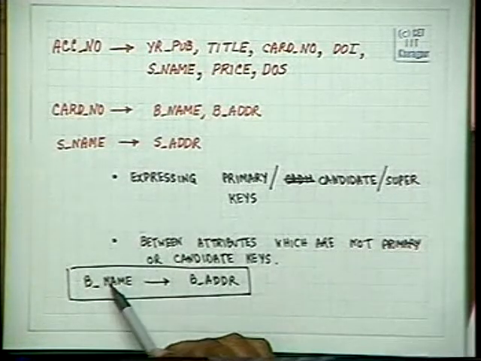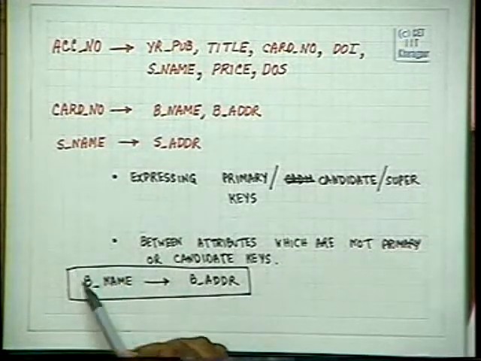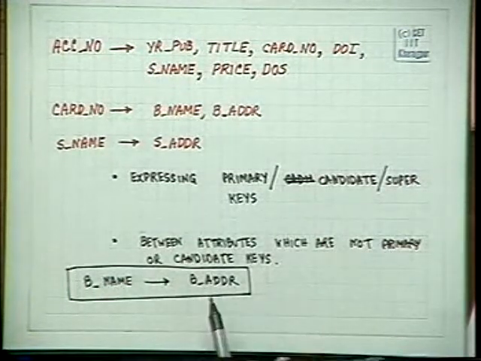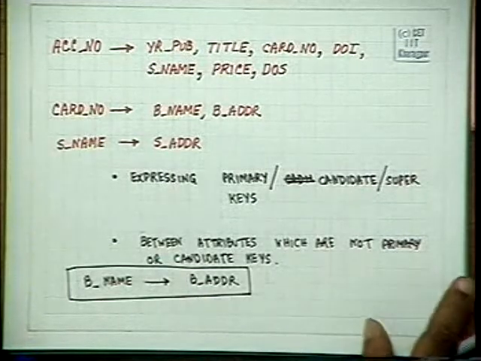That is, all those persons must have a unique address. Each and every person must have a unique address. Two persons cannot have the same address. So, it is not merely to express candidate keys, but to express other relationships between the attributes.